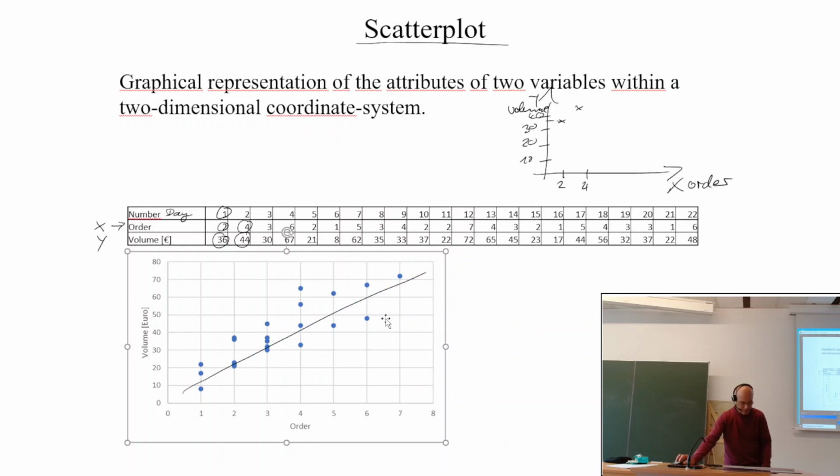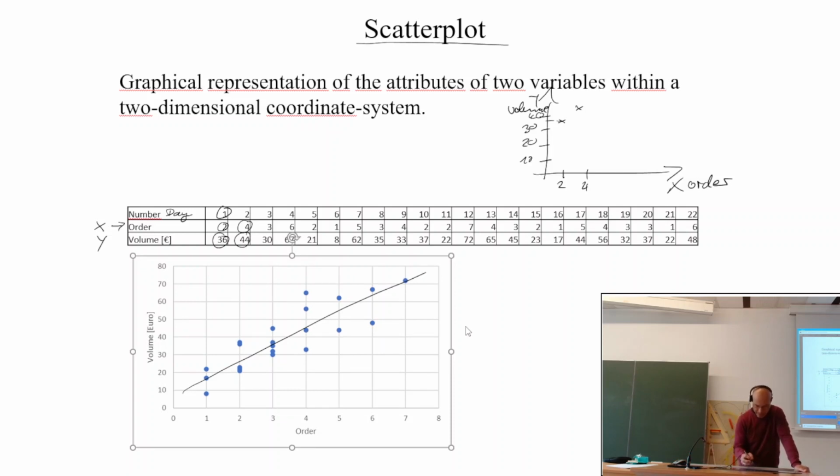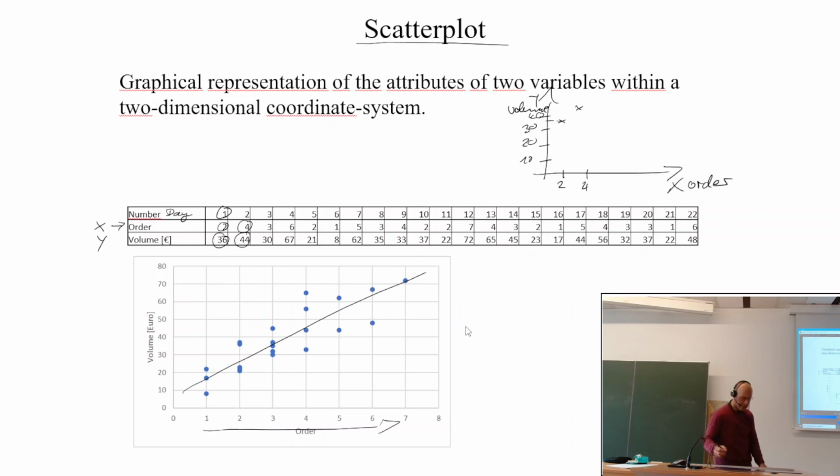So that the higher number of orders corresponds to a higher volume.